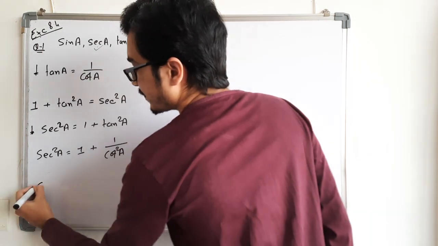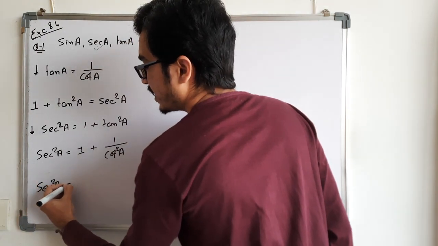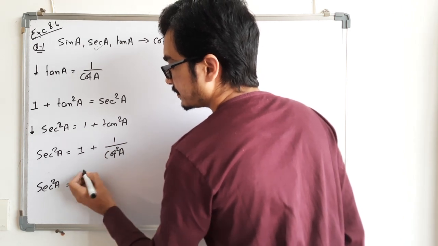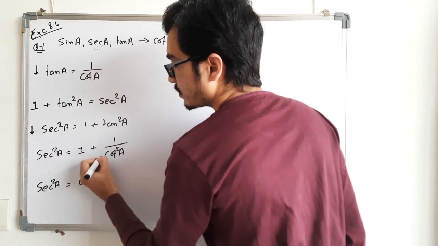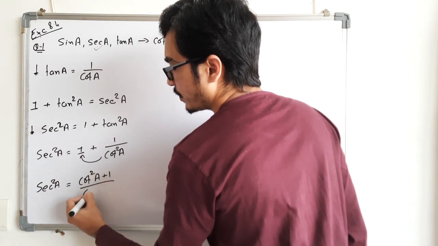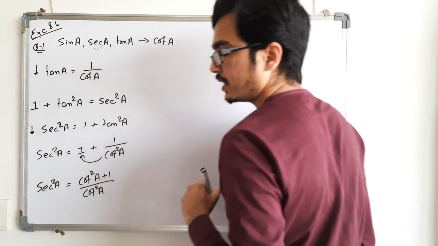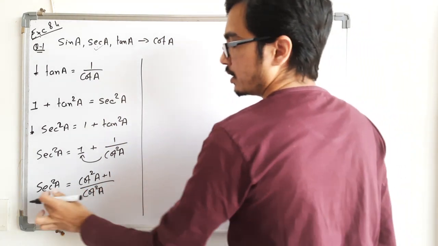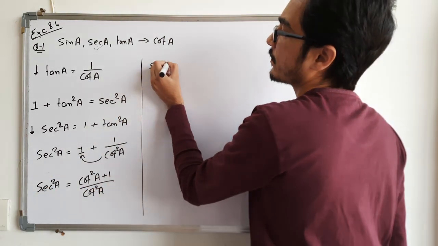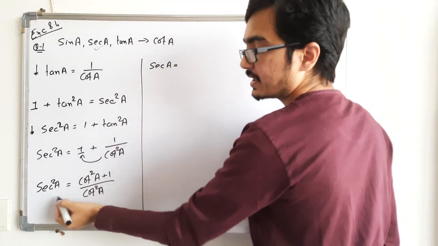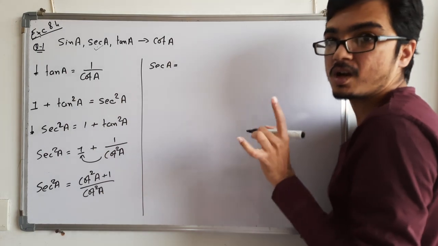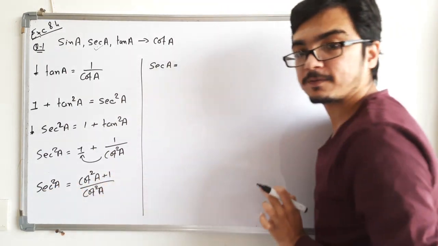Considering cot square as an LCM, sec square A is equal to cot square A plus 1, upon cot square A. So sec A is equal to, considering root on both sides, because we need to represent sec in the form of cot, not sec square in the form of cot.